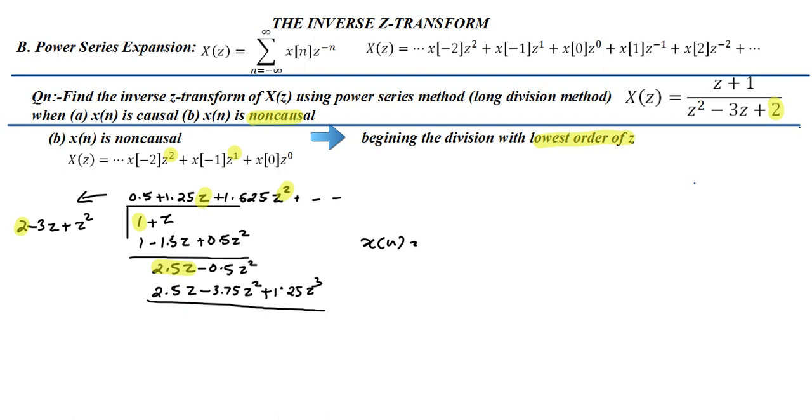The constant term corresponds to z to the 0. So from 0 onwards, it becomes 0.5, corresponding to 0. Next it's 1.25 and 1.625, etc. So this is the anti-causal signal.